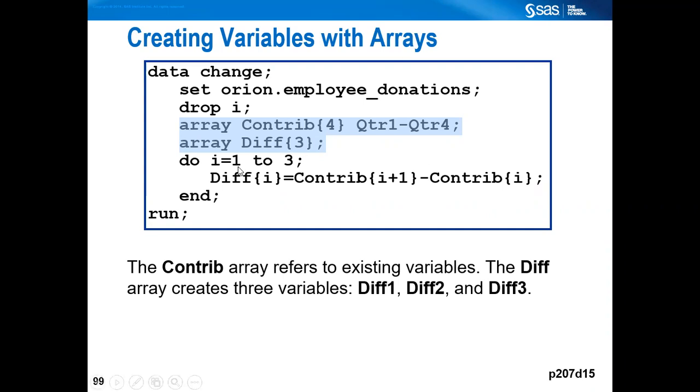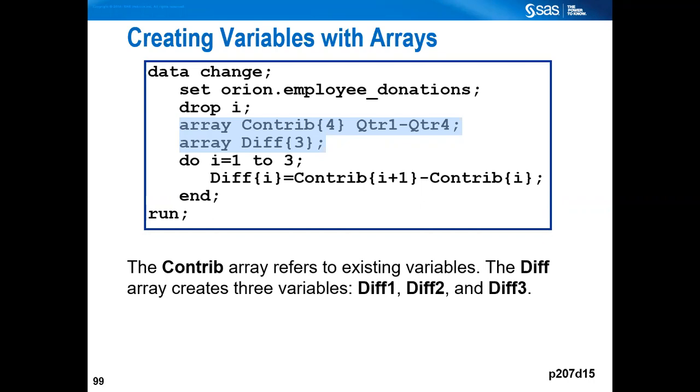Do I 1 to 3, because we have only three differences. Now we cannot write quarter or contrib 2 minus contrib 1, correct? So you cannot have that column value here like this.